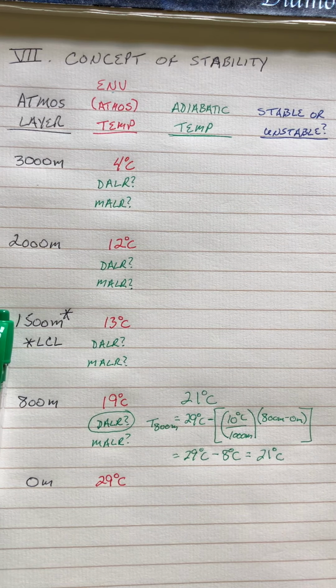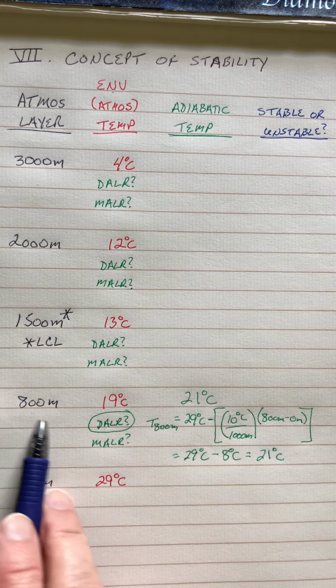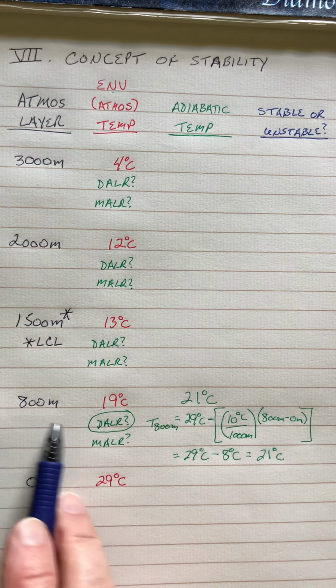Okay, now let's take a look at, is that air at 800 meters stable or unstable?